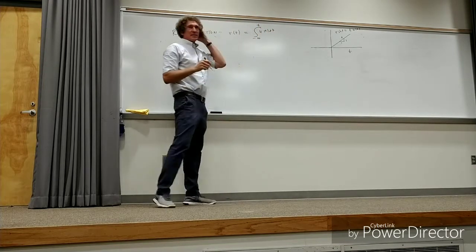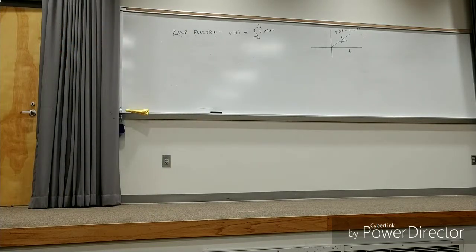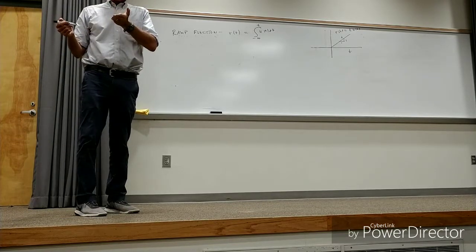If you think about that, u of t is 0 for any arguments of t less than 0, right? So if you integrate 0, you get 0. Then what do I hit? When t is equal to 0 and greater than that, I have 1, right? The integral of 1 dt is t, correct? So then I have simply t.